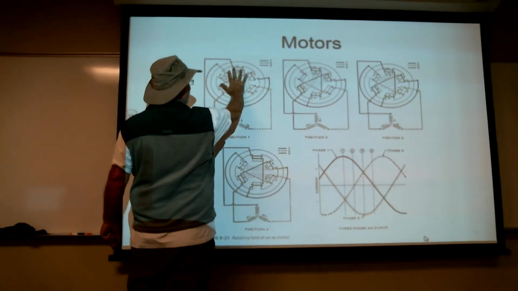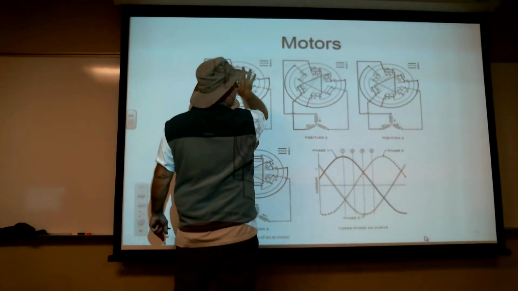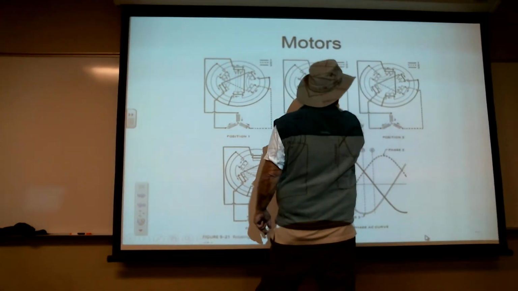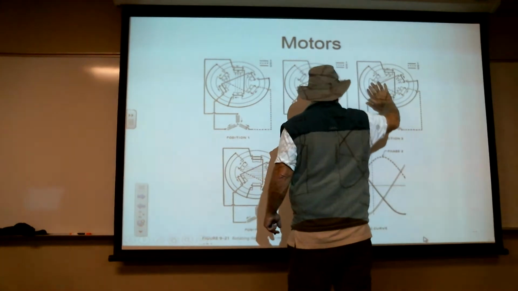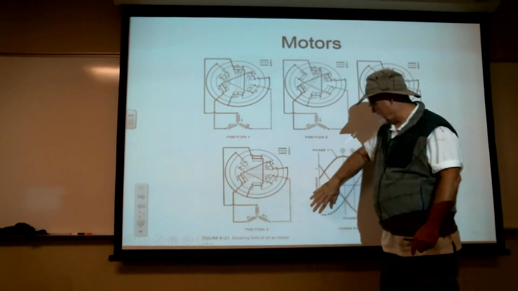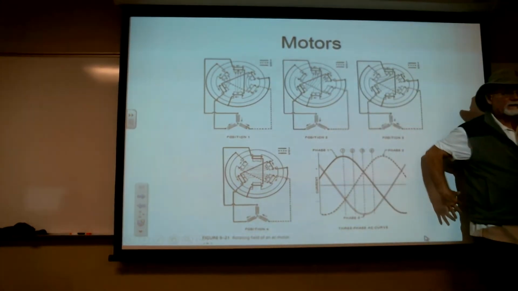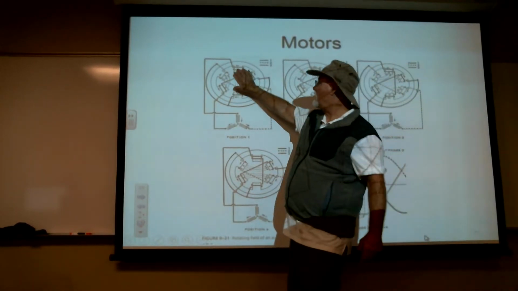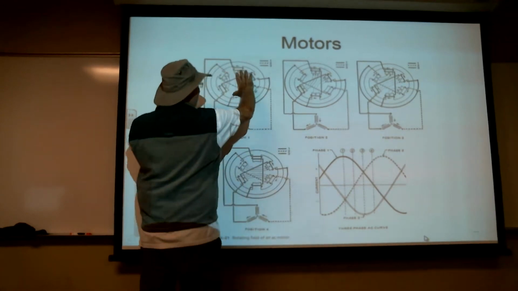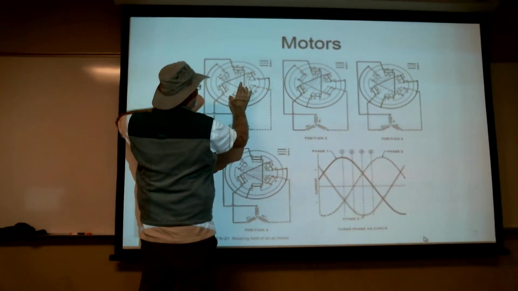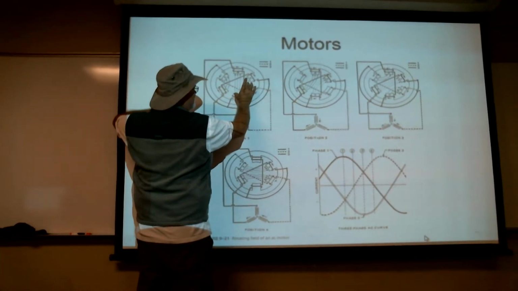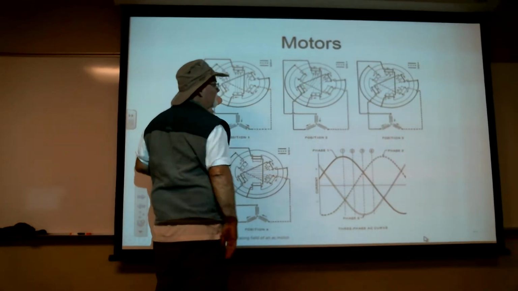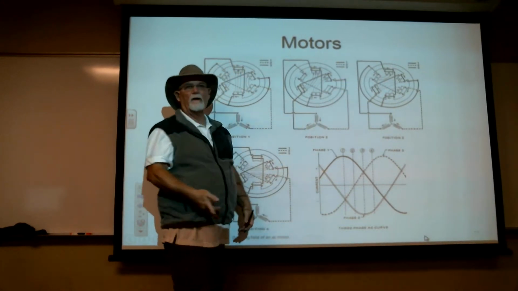What you're going to end up with is a magnetic field, then another magnetic field, then another. As this one begins to decline, it will decline and jump to here. This one will decline and jump to here. And these two out here will form with those to make that. And on and on and on.